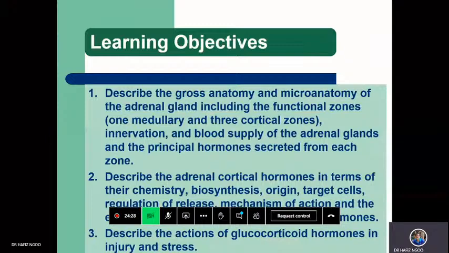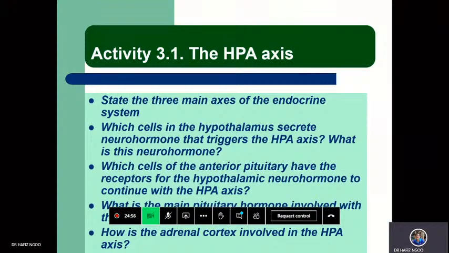The second one, you look at the cortical hormones in terms of their chemistry, biosynthesis, origin, target cell, regulation of release, and mechanism of action. And then the third one, finally, you look at the action of glucocorticoid hormone. Another one is on Wednesday, tomorrow on Tuesday. Okay, so the next slide.